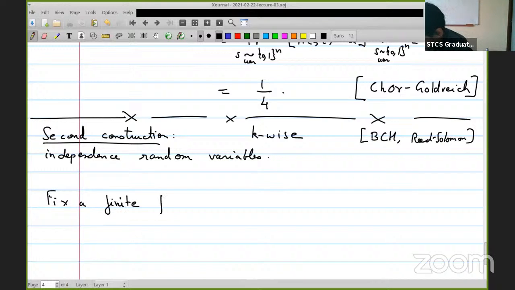So what is a finite field? Okay, I think we should have a show of hands. How many people know what a finite field is?